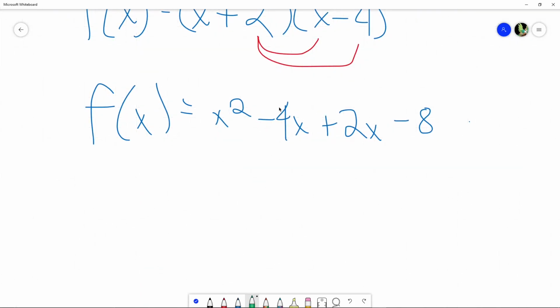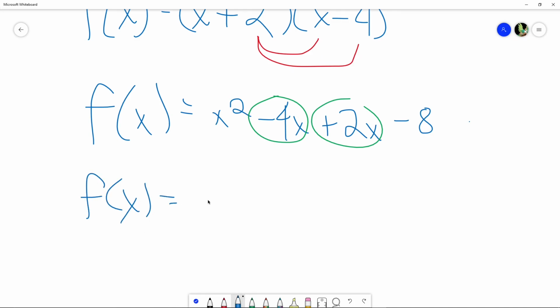Examples of these are the negative 4x and the positive 2x. So we're going to add both of these together. So now we got f of x equals x squared, or x raised to 2.